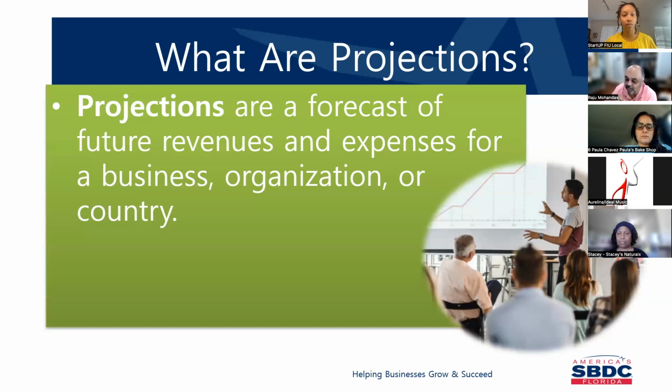Now, a lot of lenders in today's market, especially the SBA and a lot of the other lenders, are forced to look at projections, because 2020 and 21 are very difficult years to calculate, since a lot of businesses lost business. 22 is a little bit better, but they don't know how to still manage, because 19 is too old, and 2021 is recent, but the pandemic skewed the number.